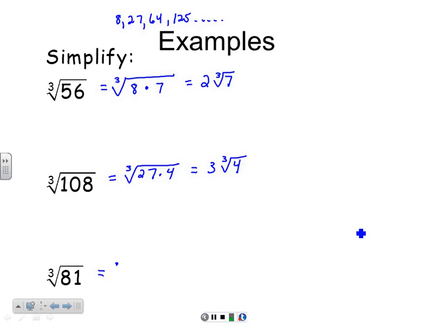So we're going to get the cube root of 27 times 3. And then again, the cube root of 27 is 3, so that's going to come out. And you can't take the cube root of 3, so that one's going to stay under. So that's how you simplify square roots and cube roots.